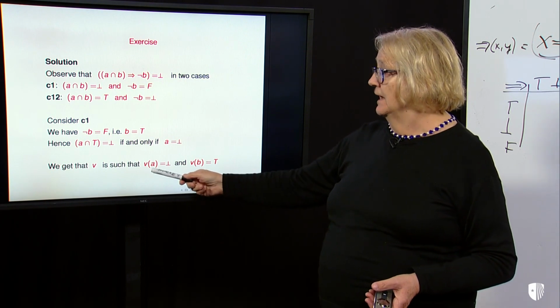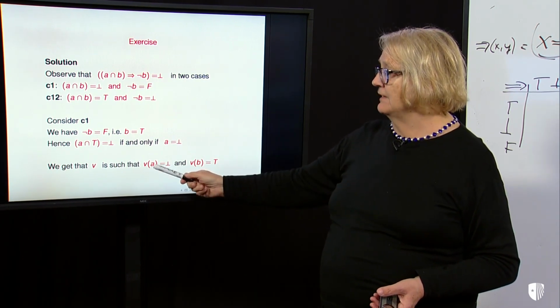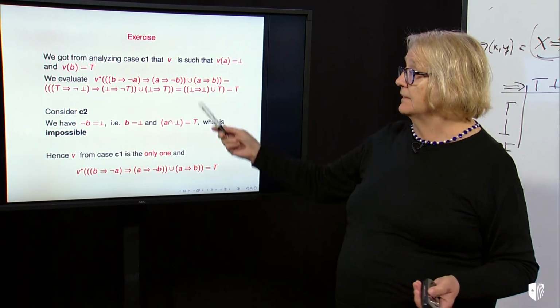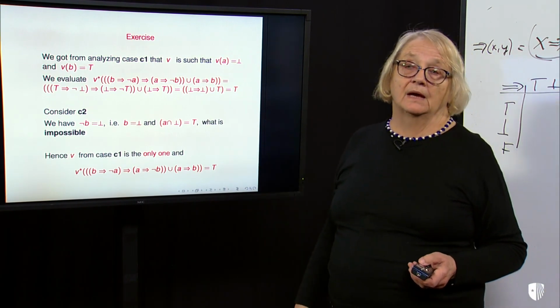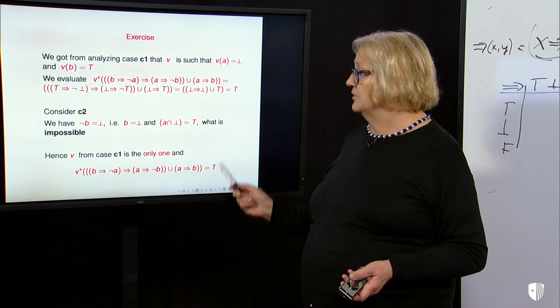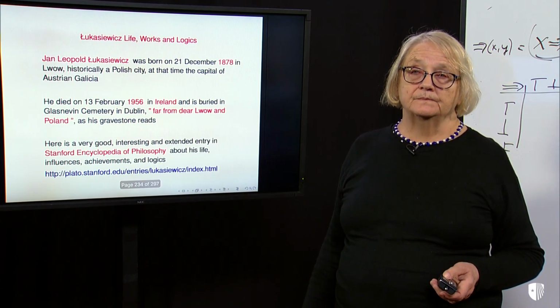So from this case, you get that A is unknown and B is unknown, and then you can evaluate the formula, which you already have only A and B. In the second case, you evaluate as T, so both cases give you a model for that formula.